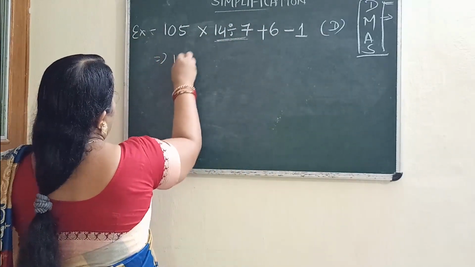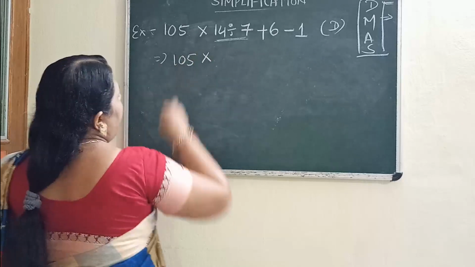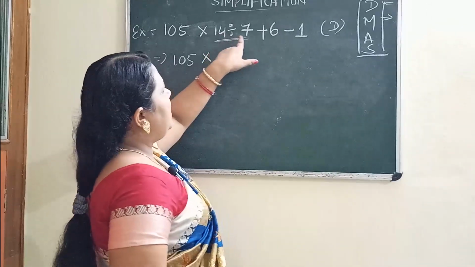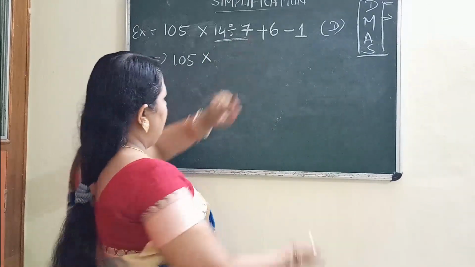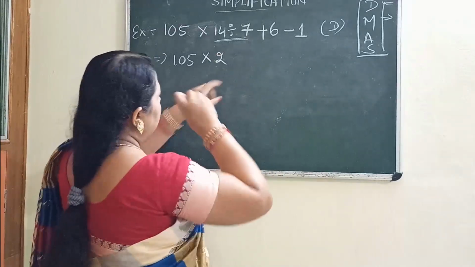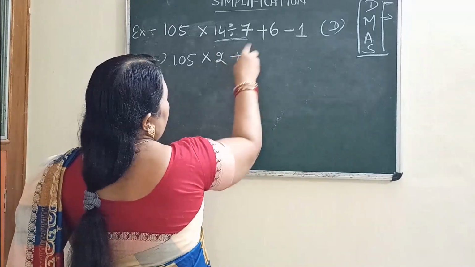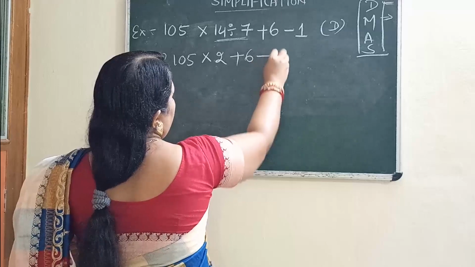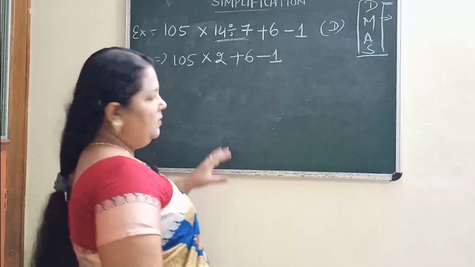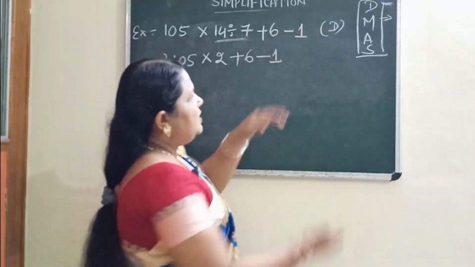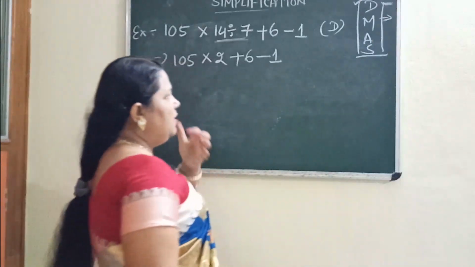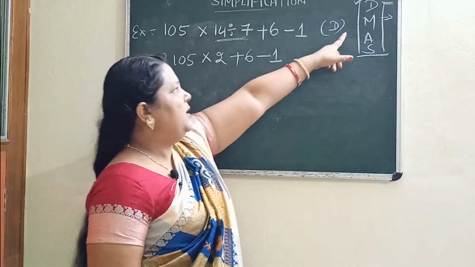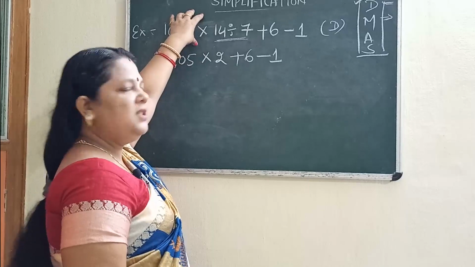What you will write? 105 multiplied by, what is the value? 14 divided by 7, how much? It's 2. Yes or no? And rest all you will write as it is: plus 6 minus 1. Okay, so the division part is over. We got the value. Next step is our multiplication. Your multiplication operation is there.